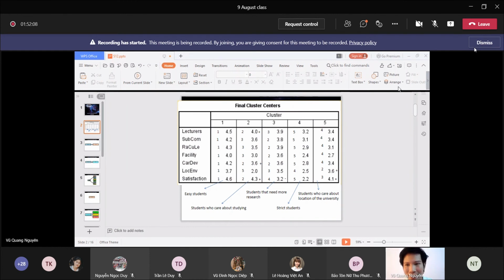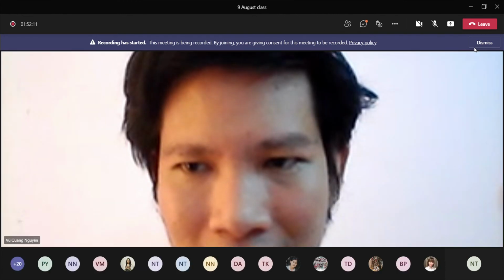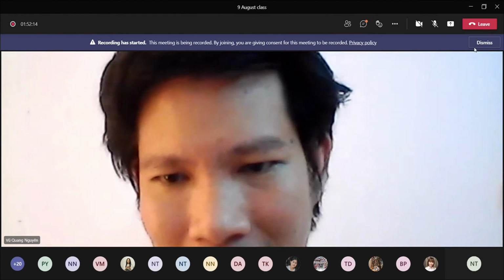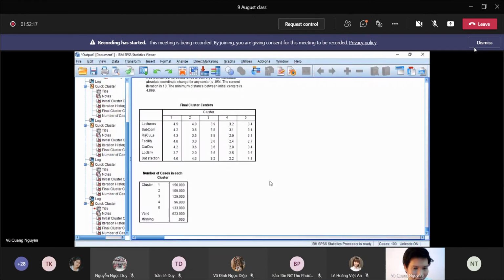Last thing to do is about the size of the clusters. You can see here we have cluster 1 and 156 of them. We divide it by 623, and we can see that cluster 1, the cluster of easy students, is around 25% of the market.